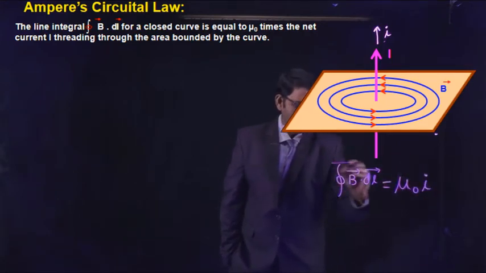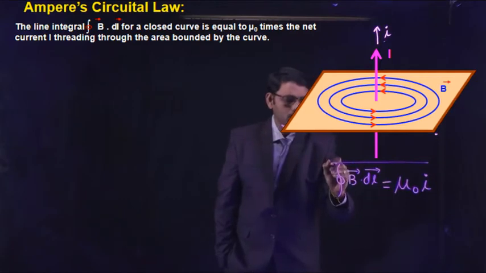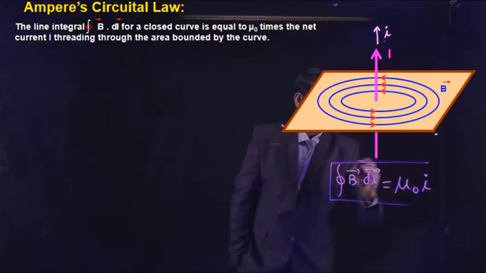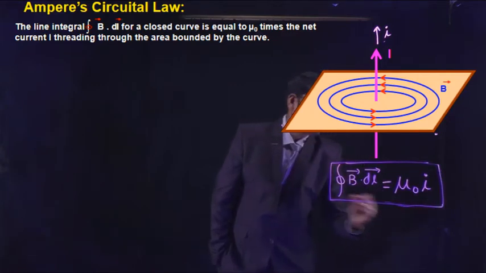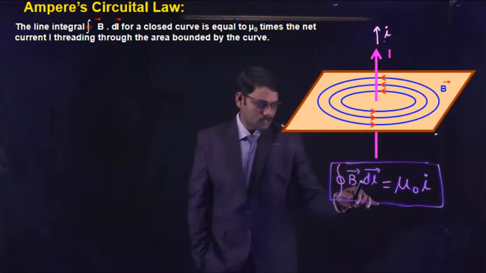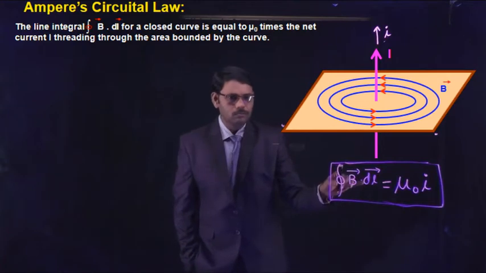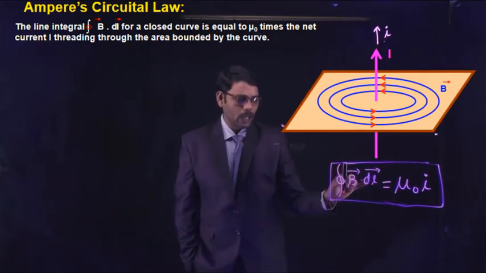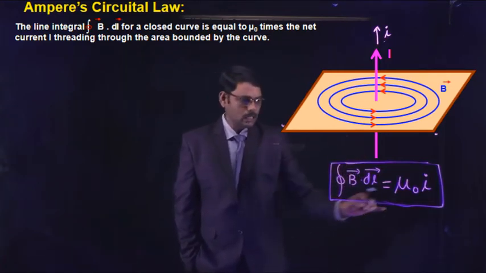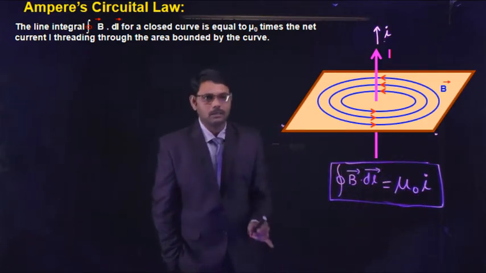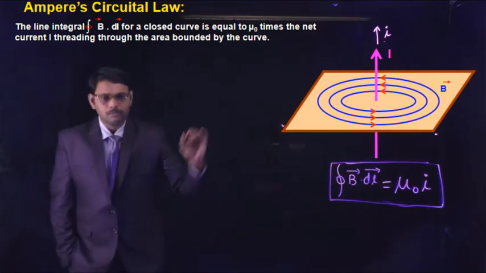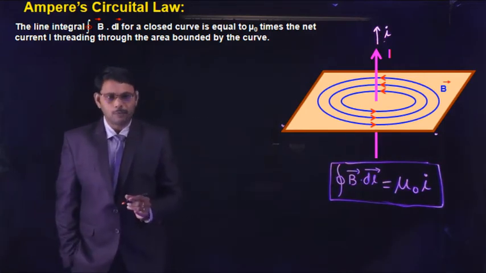This is the equation form of Ampere's law. The LHS is the line integral of magnetic field around the closed loop, equal to mu naught times the total current enclosed by the surface. Now we have to prove the statement.